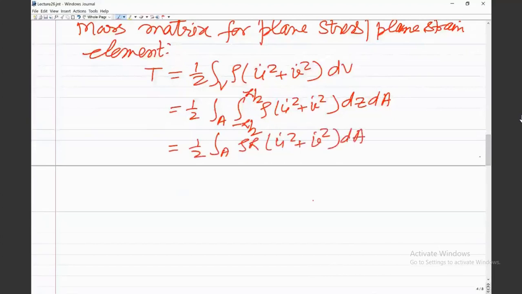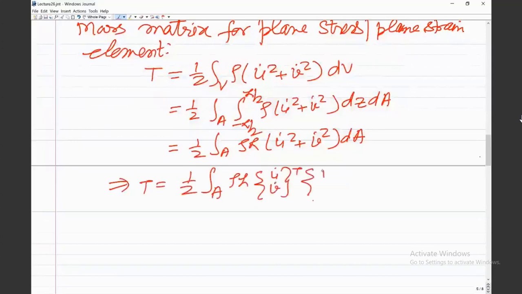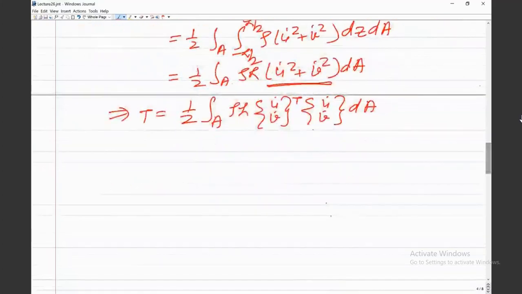This can be written as T equal to half integration over area, rho h remains as it is, then we have u dot v dot transpose into u dot v dot dA. This product will ultimately give you the same expression, but since we have u and v in terms of matrix and vector product, we want to write it in this form.